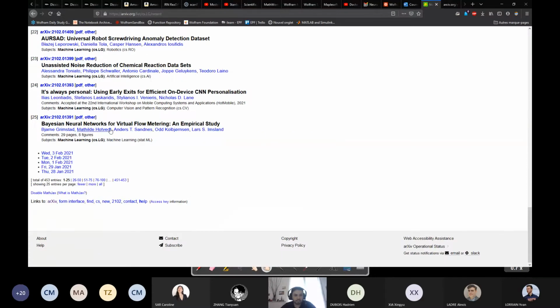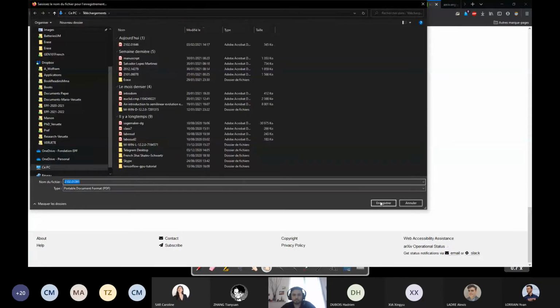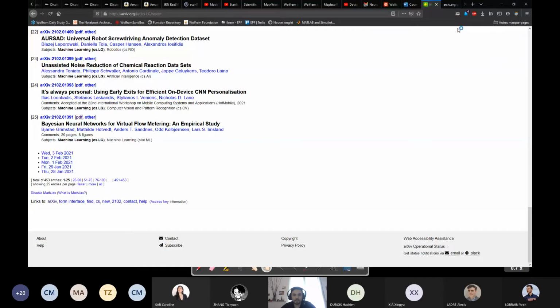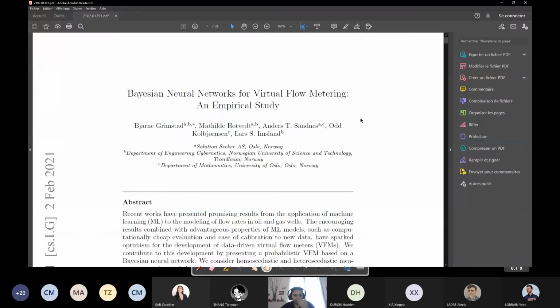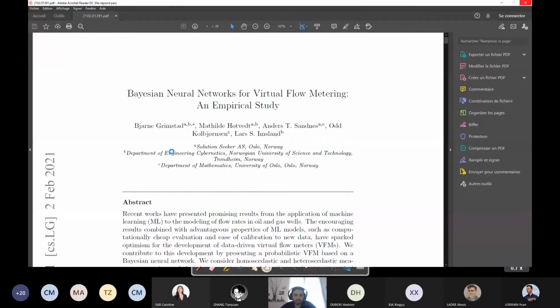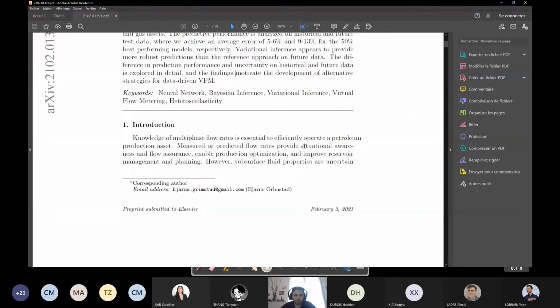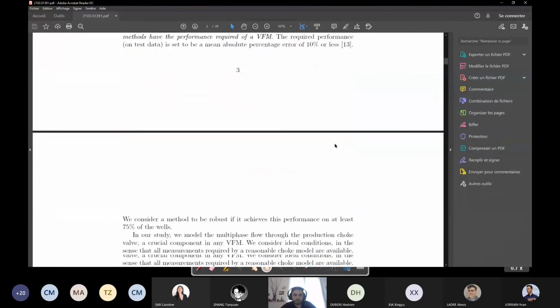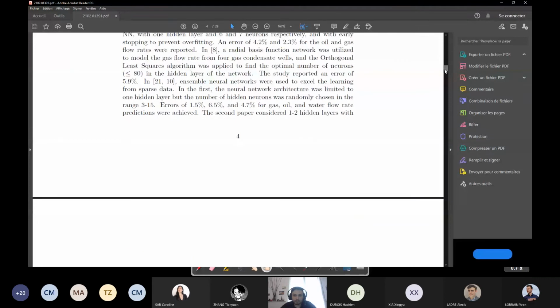You can take this one or any one of the papers they published. Bayesian neural networks for virtual flow metering. Let's see what it looks like. Again, you have the title, the authors, the universities, the date, and then the abstract, a small summary of the paper.